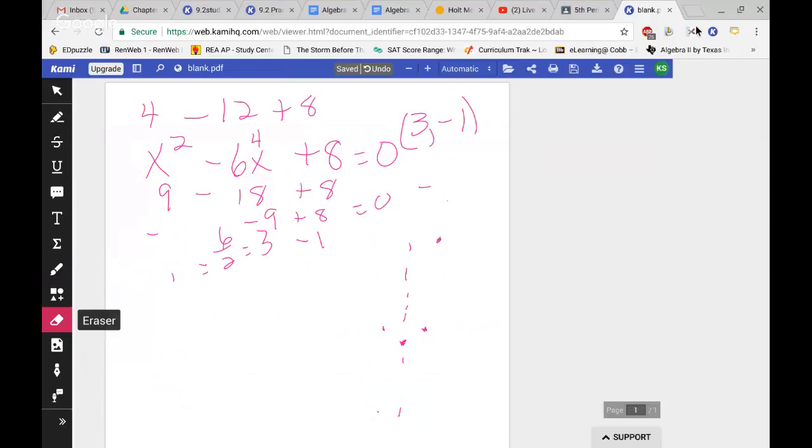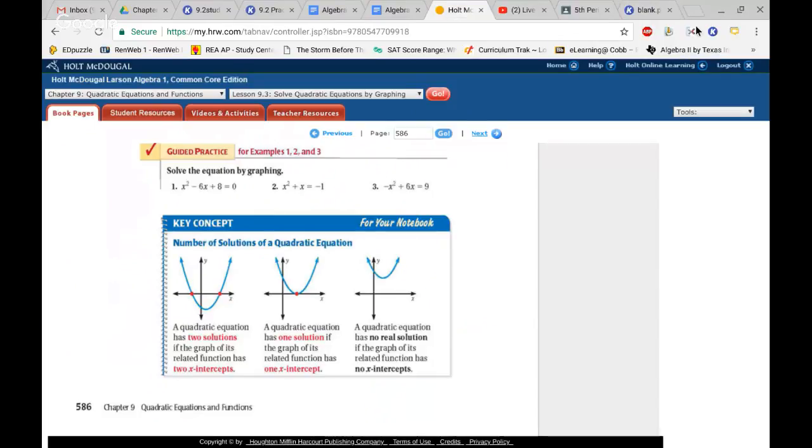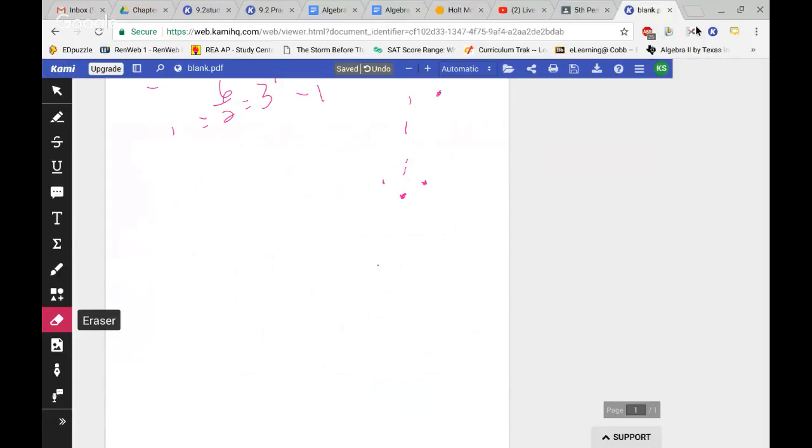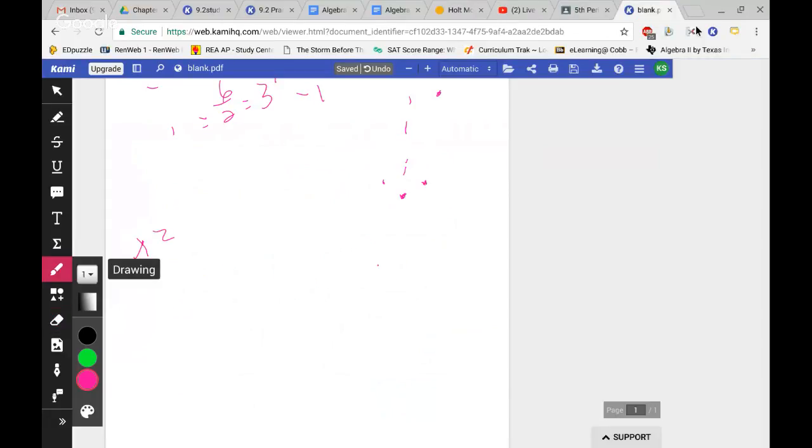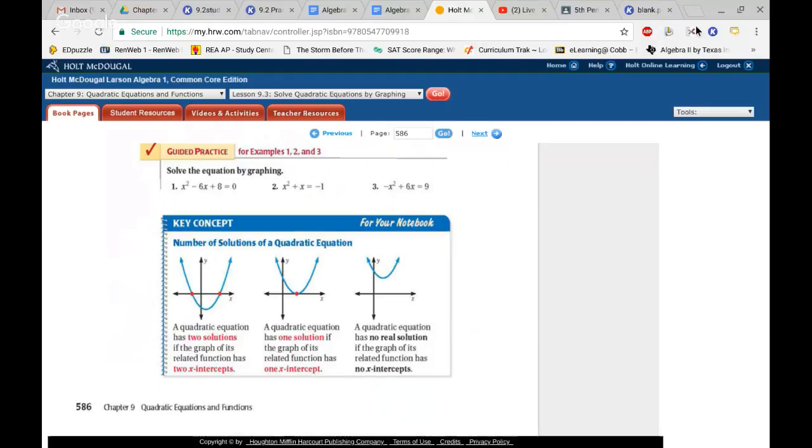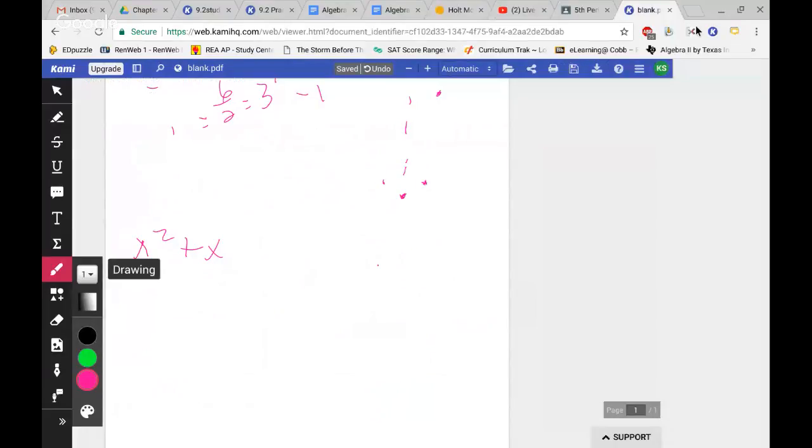Based on that, I'm going to try and scoot up and just write smaller. On this one, x squared plus x, and then I think the minus 1 was on the other side. So if I brought it equals minus 1, you really want this to be 0 on this other side.